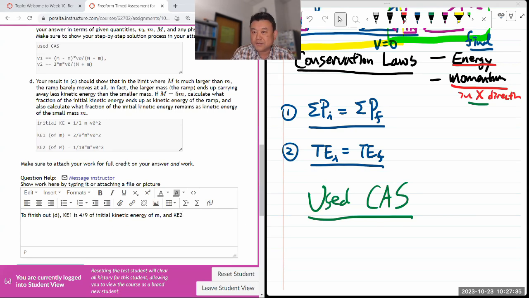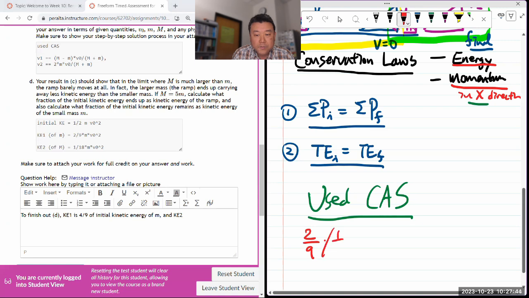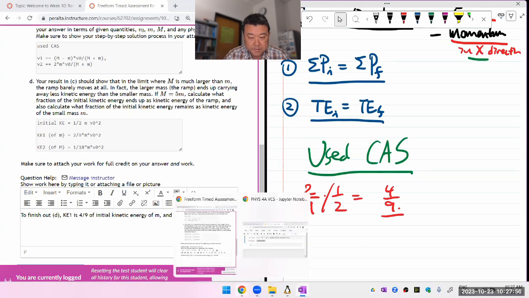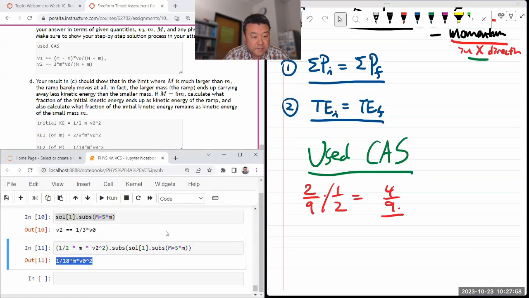Let me just do this on the side. So I have 2/9 times or divided by 1/2. That's 4/9. So K2 should be the remainder of that, but I might have messed up. Let's see. So M is that.